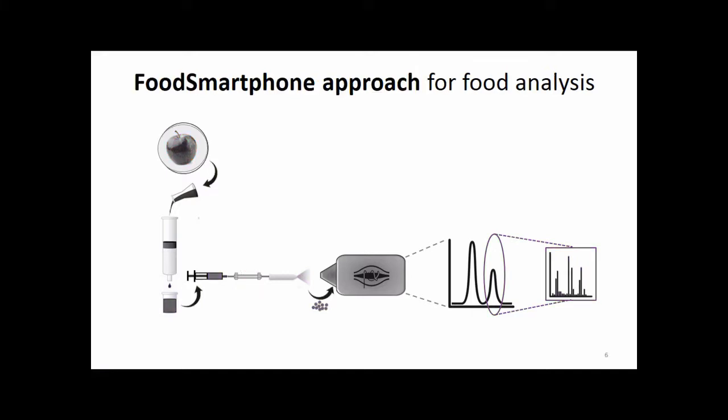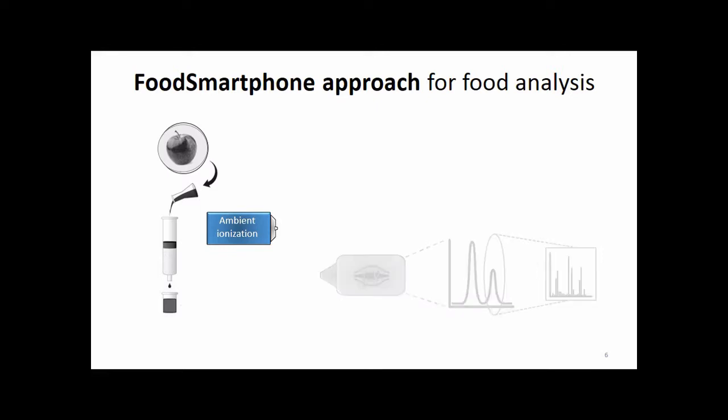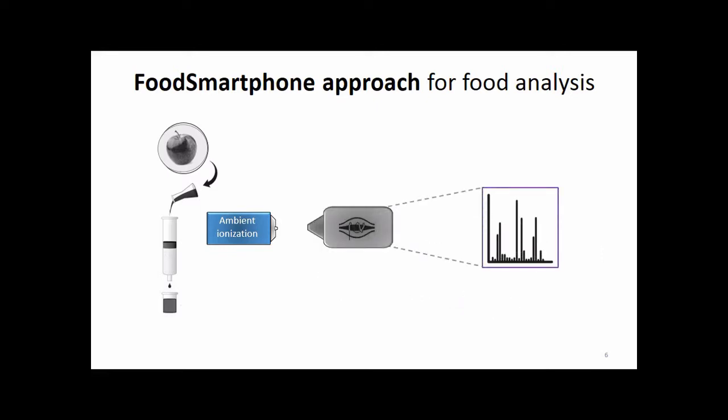In FoodSmartphone, we're aiming to take a different approach by replacing the time-consuming chromatographic separation with an ambient ionization mass spectrometric technique. We will be able to identify the contaminants only based on their molecular weight and not on their separation.